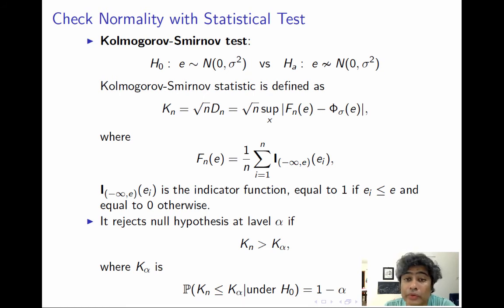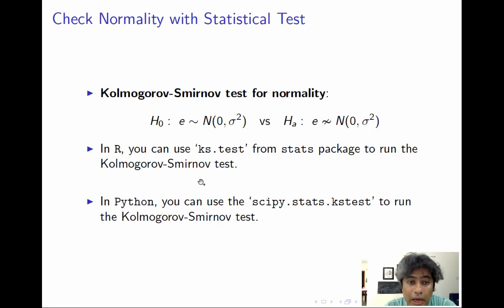Now, fortunately, you don't have to do any of these things. There is a package in R. You can use ks.test in the stats package, which runs the Kolmogorov-Smirnov test and gives you a p-value. If the p-value is less than some level of significance, say alpha equal to 0.05, then you reject the null hypothesis. Otherwise, you fail to reject the null hypothesis. In Python, you can use scipy.stats.kstest to run the Kolmogorov-Smirnov test.